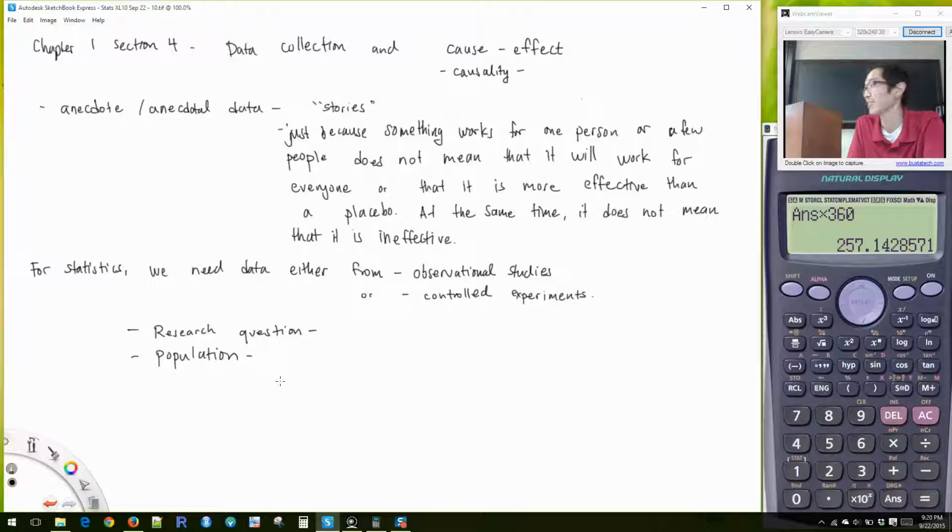The population is not our sample. So we've got the population, we have the sample. So what's the point? What is the population? The population is everyone relevant to our research question.